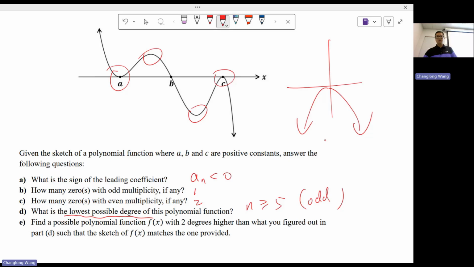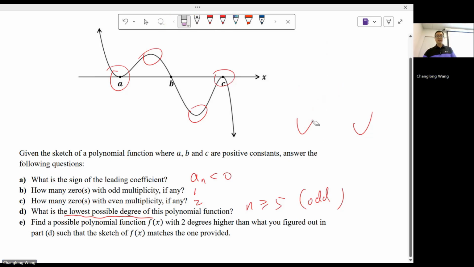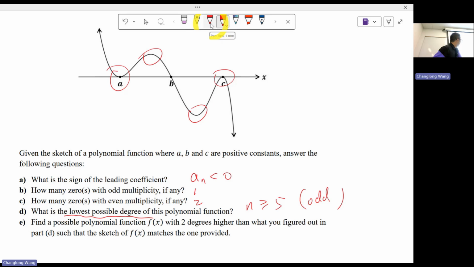Okay. All right. But the last one, I don't know if anyone has already come up with a polynomial function, or one that is as explicit as you can be. If you don't mind sharing with us, we can test it to see. Because now we know almost everything we need to know about the graph.